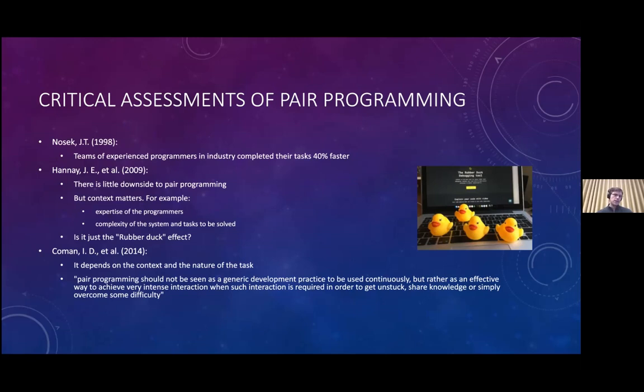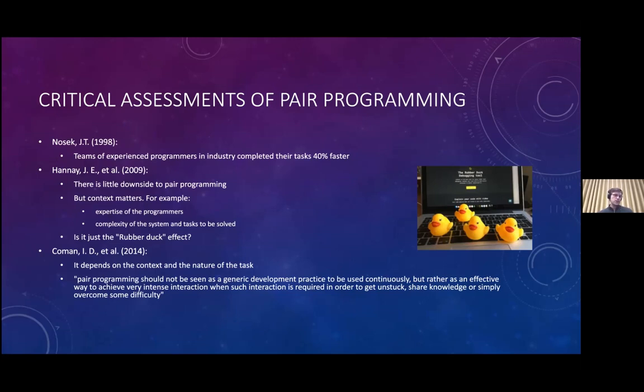The effectiveness of it depends on context. It depends on how experienced the programmers are and how similar the expertise is between the two programmers pairing, and also on the difficulty of the task to be solved. Notably, easy tasks seem to be something where pair programming can lead to worse results.